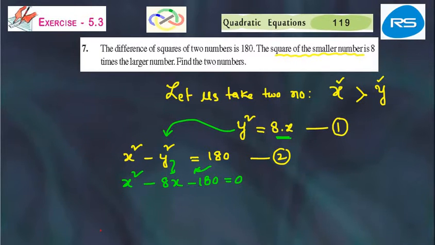Now you know how to solve the quadratic equation, so we'll go further. The product should be minus 180, and the sum should be the middle term, the x coefficient, that is minus 8.